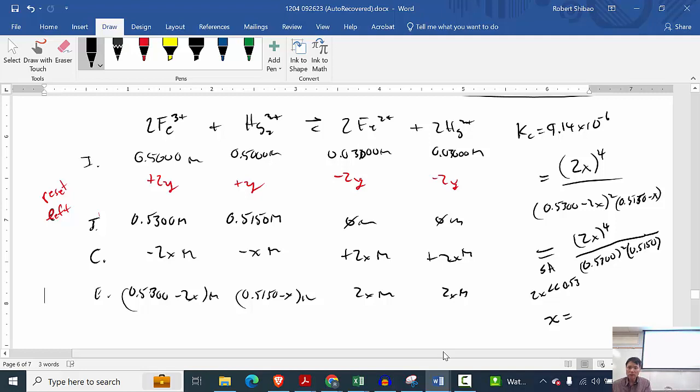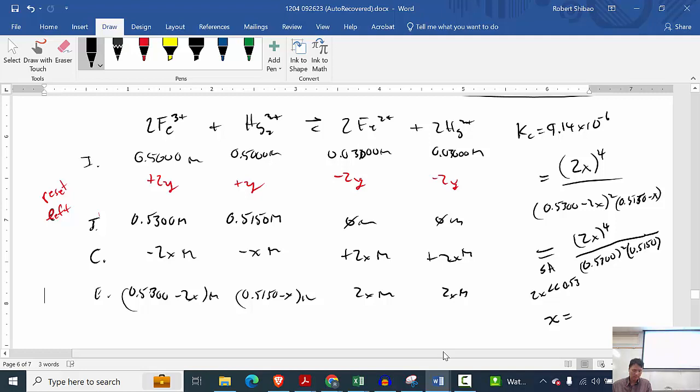So I'm going to go 9.14 times 10 to the minus 6 times 0.53 squared times 0.515 equals, and then I'm going to divide it by 2 to the fourth. 2 times 2 is 4, times 2 is 8, times 2 is 16, so that would be 16.